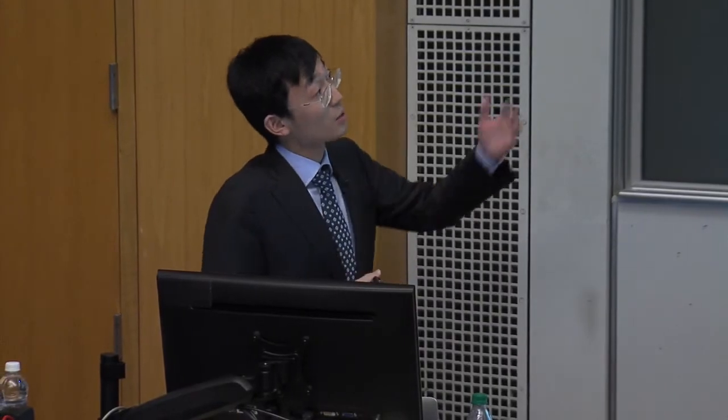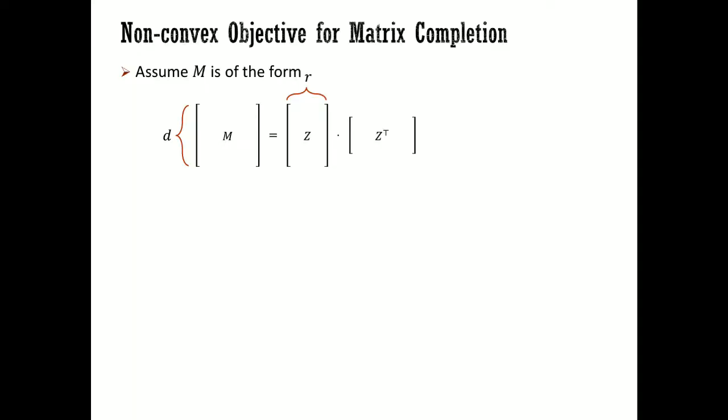Some of you may notice that this is the symmetric version of the matrix completion problem. In practice, the asymmetric version is more important. However, for theoretical simplicity, we start with the symmetric version. And there are follow-up works that have shown that the same or similar techniques can be used for analyzing the asymmetric case as well.